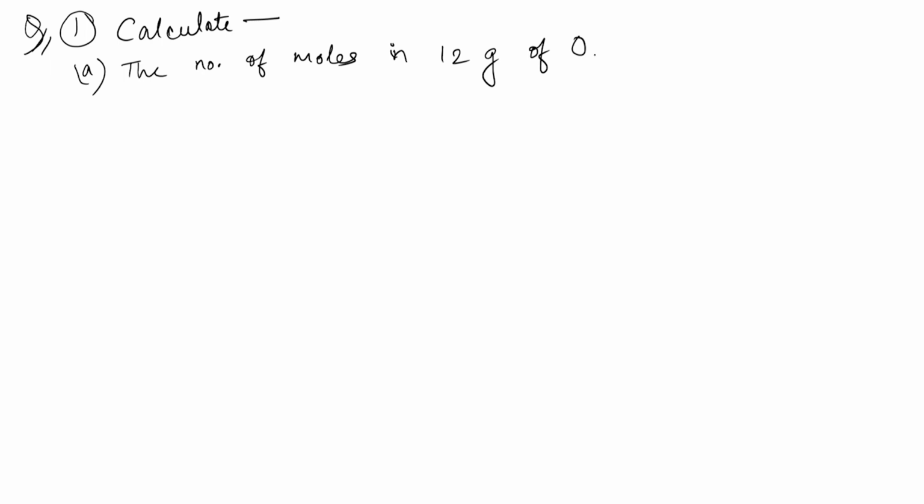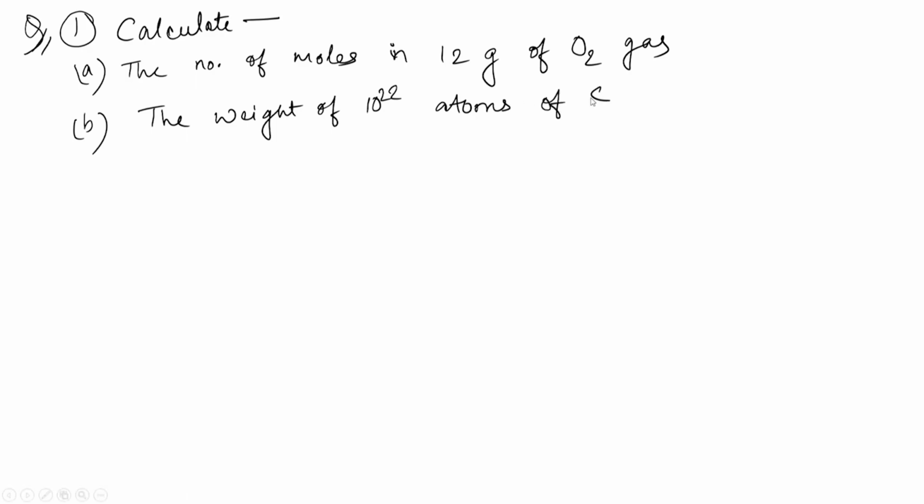The first question is, calculate the number of moles in 12 grams of oxygen gas, and B, the weight of 10 to the power 22 atoms of carbon.